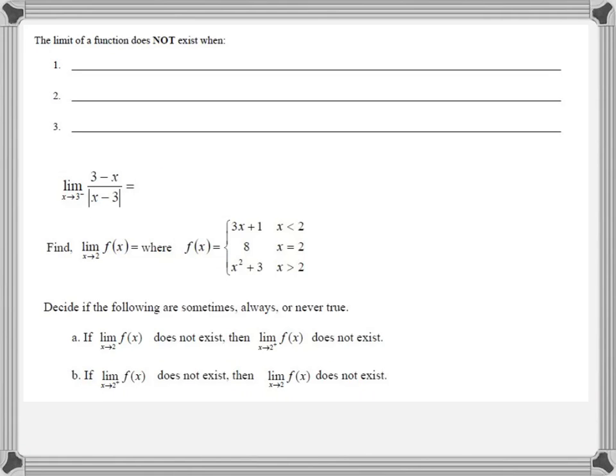So there are 3 times where the limit does not exist. The first time, technically, is when the left-hand limit does not equal the right-hand limit. The next time a limit does not exist is if the limit approaches infinity.